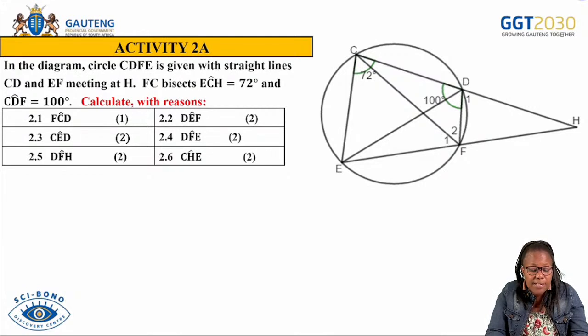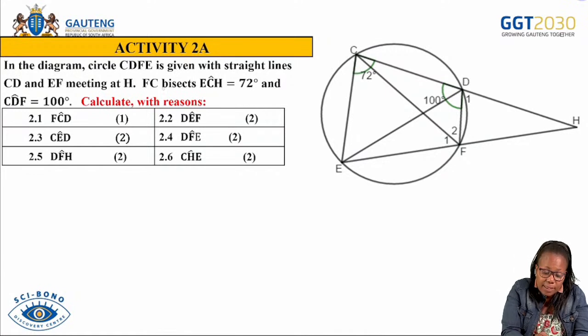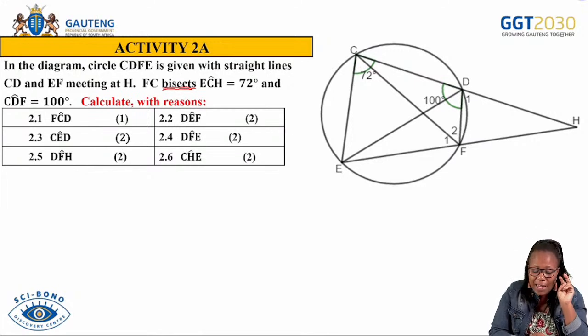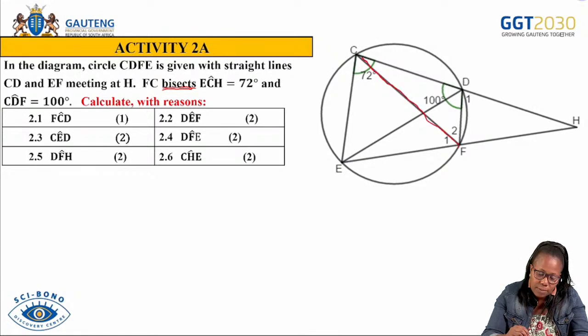And then FC bisects, there comes again the bisect. Bisect, cut into two equal. Bi means two, so if you are bisecting, you are cutting into two equal parts, okay? So the FC line, this line here, FC, is cutting angle ECH.